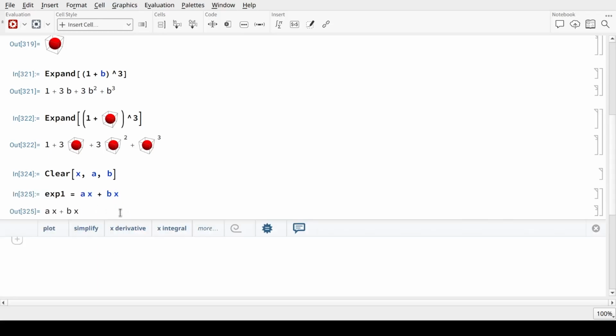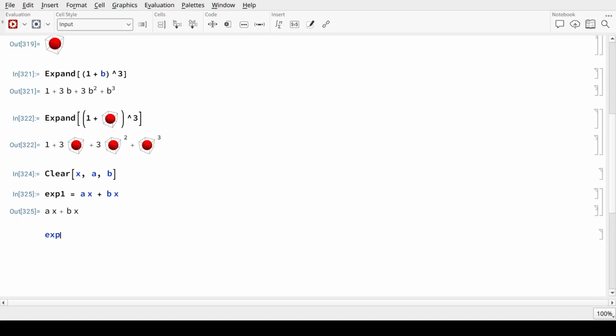And this is just ax plus bx, right? And for instance, you'd like to substitute some numbers into it. That is, you place a slash, then dot afterwards, and you say, I'd like the a to be 3, and I'd like the b to be 5.